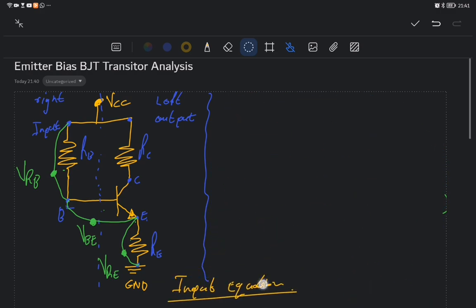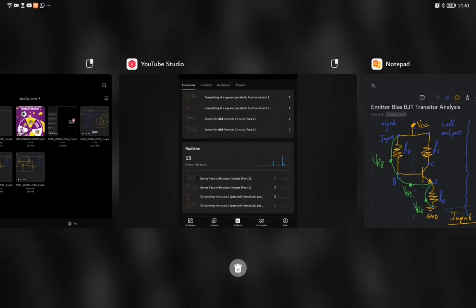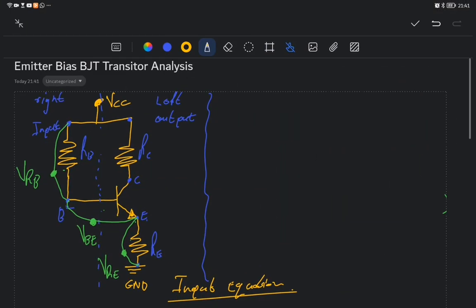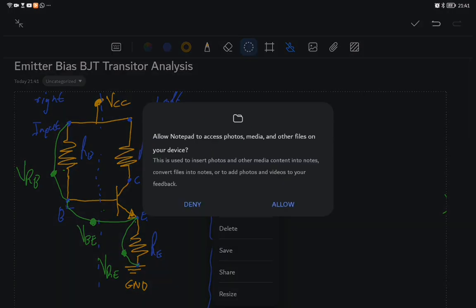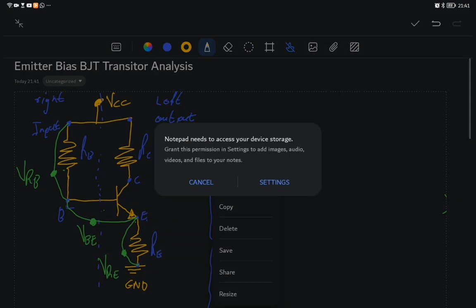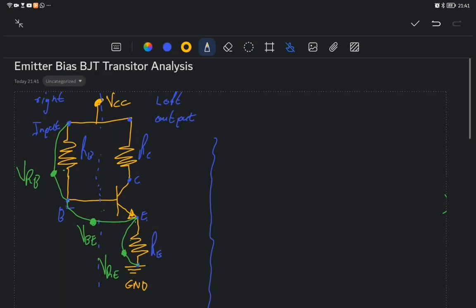Sorry guys, let's attempt to find that output equation.